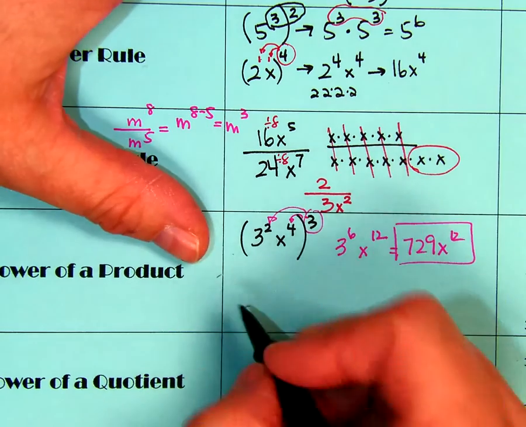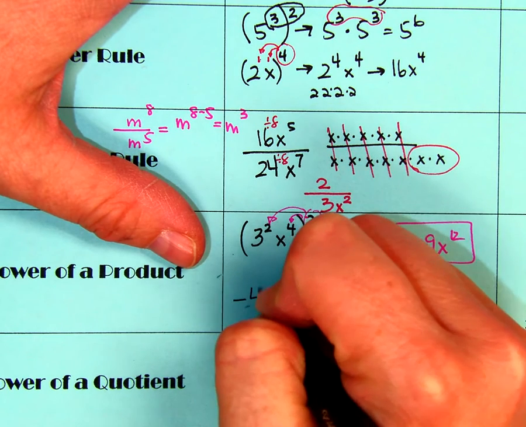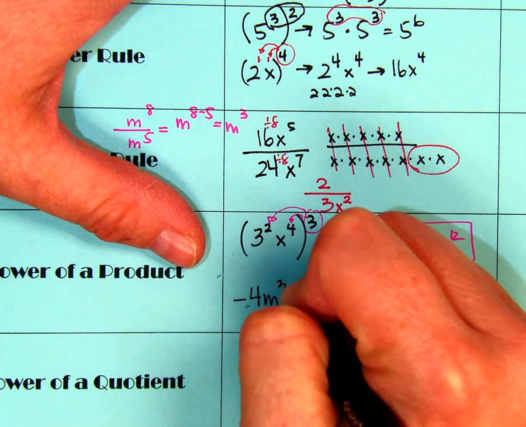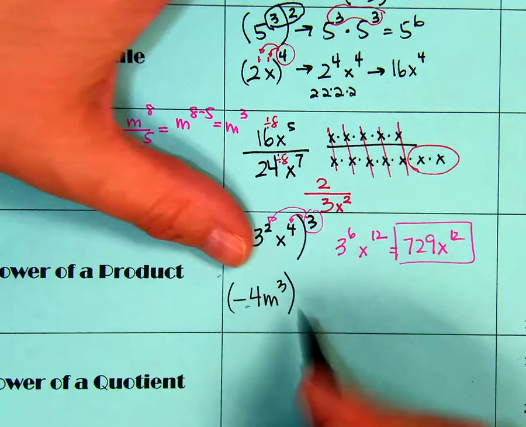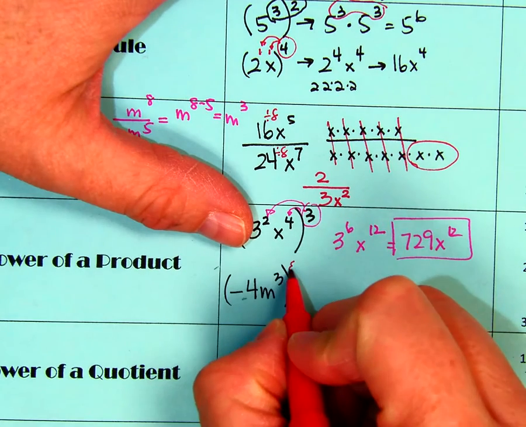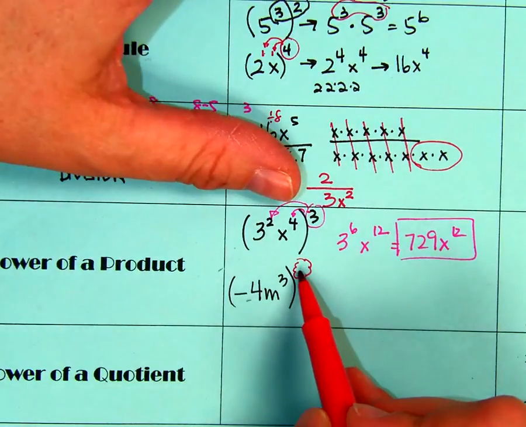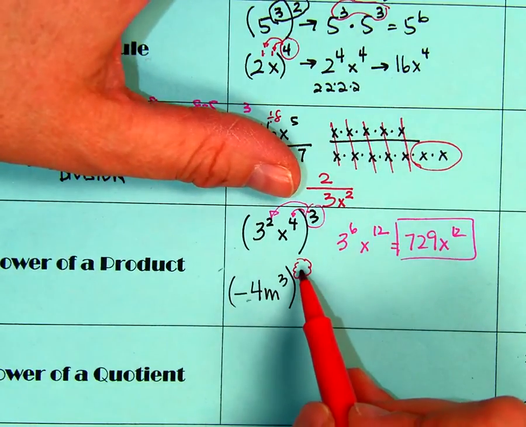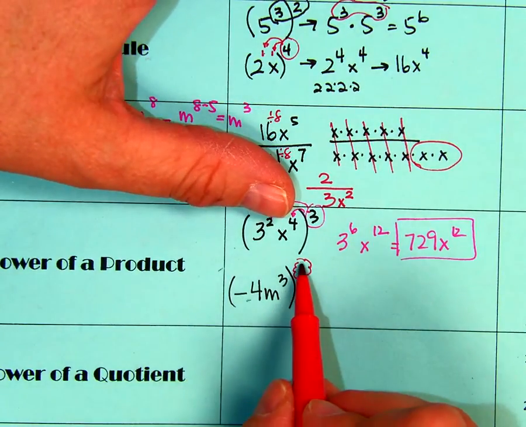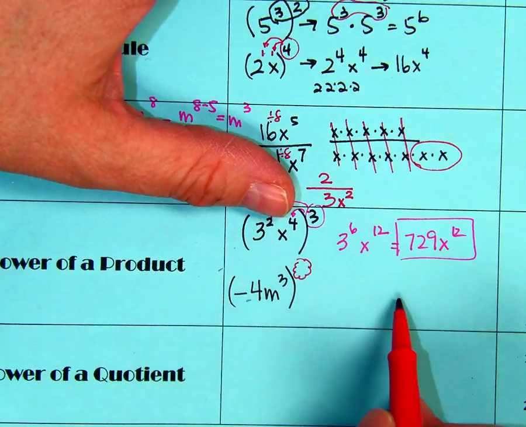If there's a negative number, depending on what this exponent is, if it's a 2 or a 4 or a 6, if it's an even number, again, if you think about this being a 2, that means I have negative 4m to the 3rd twice.